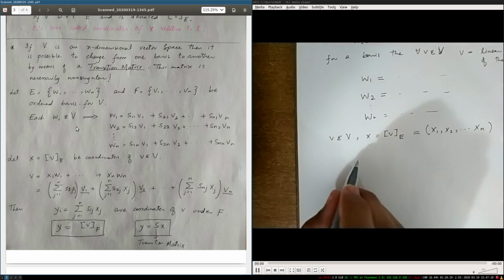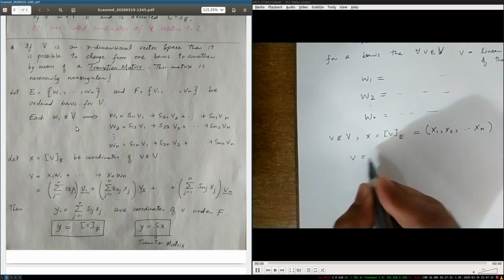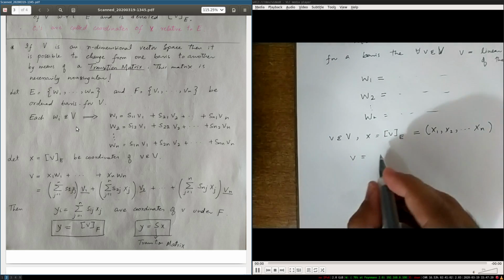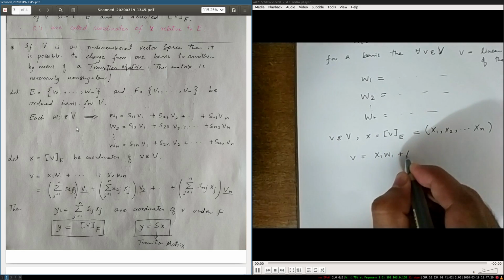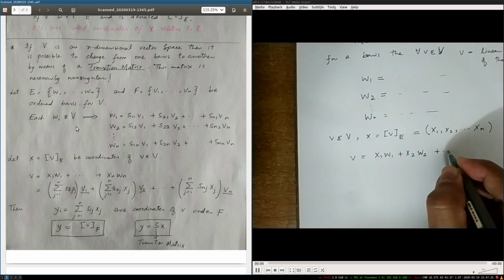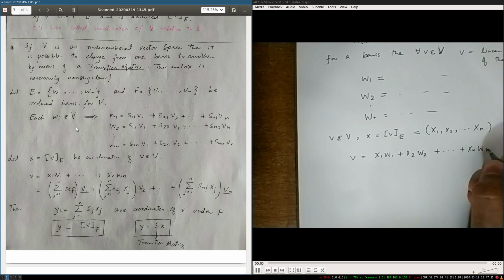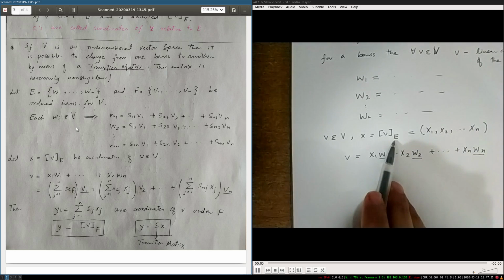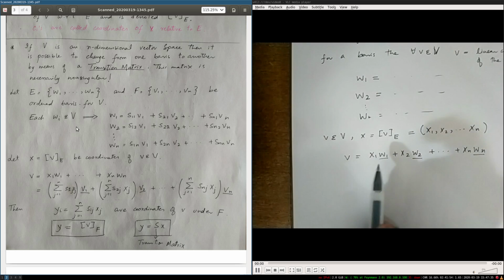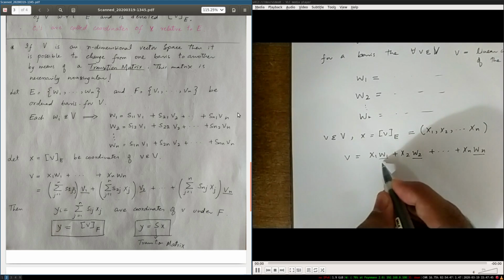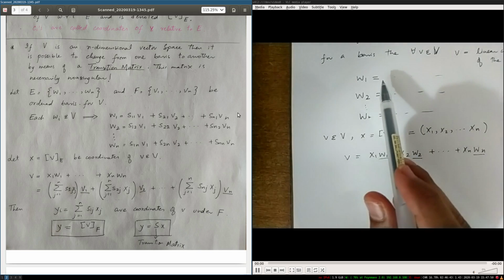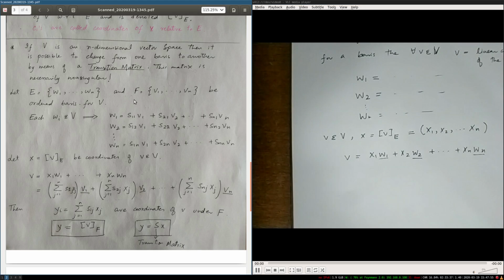Let's note first of all that if there is a representation of V with respect to E, then I can just write x1 W1 plus x2 W2 up until xn Wn. This was the representation of V in terms of the basis vectors in E. Now since I have represented every vector Wi in terms of the other collection V1, V2, up to Vn, I can replace each Wi with the corresponding linear combination here.